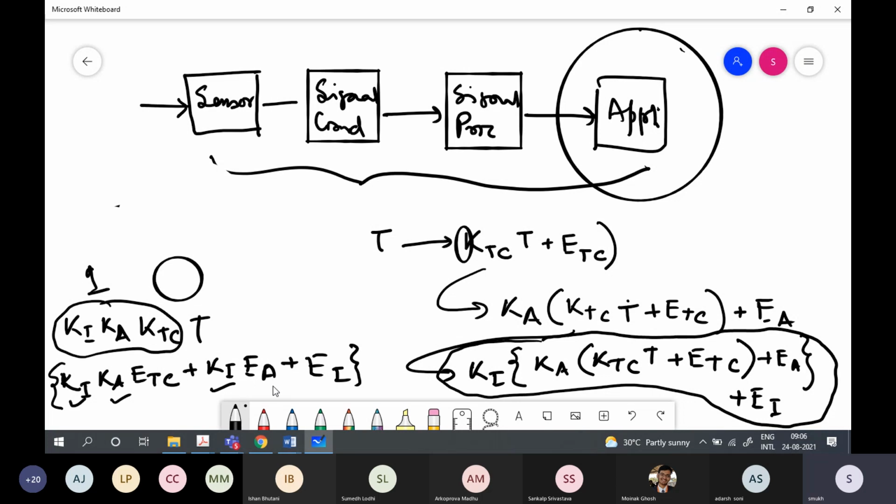Now the question is this EA: it is 1% of what? If it is 1% of the full scale output, right now we are thinking that it is 1% of the reading.